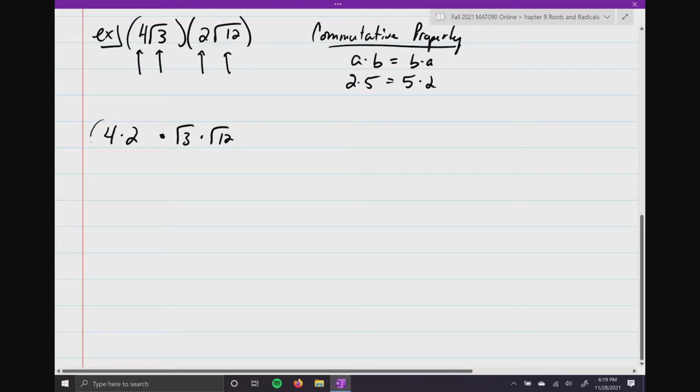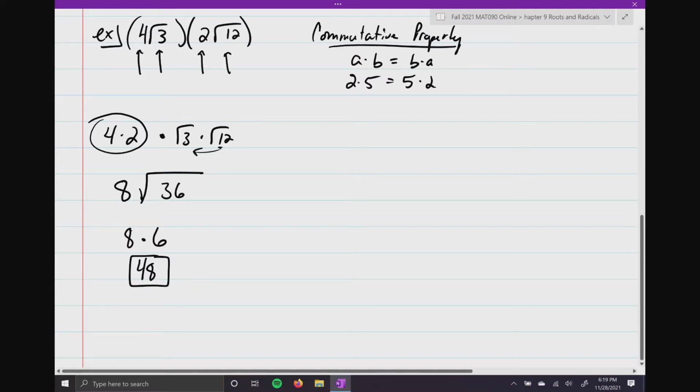So I can easily multiply these two numbers first. 4 times 2 is 8. Times, now 3 times 12 is 36. And from here, I know the square root of 36 is 6. So this just turns out to be nothing more than just 8 times 6, which is going to be 48.